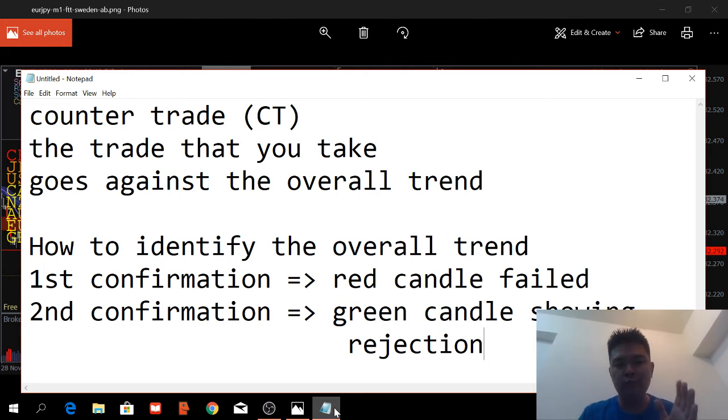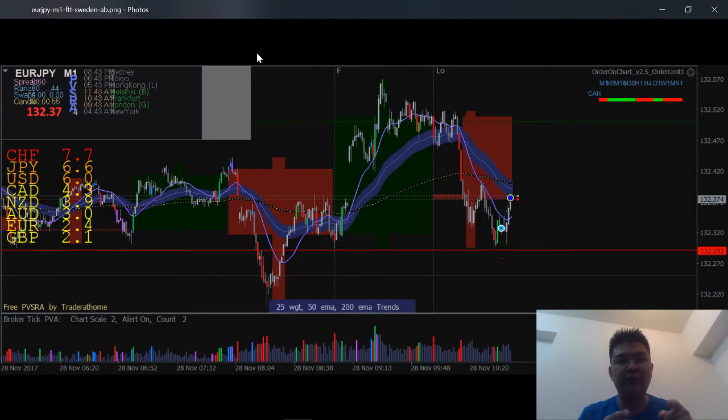Okay, so everything on PVSRA, don't forget the V on PVSRA. The V stands for volume, so we always look at the volume bar. Okay, so once I got this strong rejection from the support line, that means that it's the second confirmation, so I can enter, right?